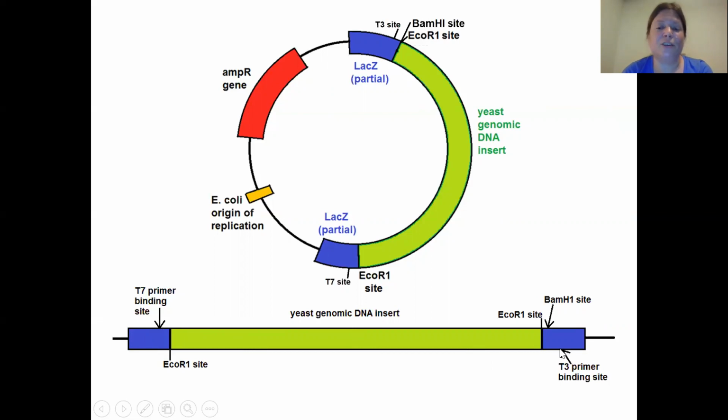In the other reaction tube, you'll be doing it from the T3 side and sequencing that way. Hopefully, depending on the size of your insert, they might meet in the middle. If your insert is 2 kb or more, you might not be able to sequence the whole thing, but you can sequence enough of it to be pretty confident of what we've got.